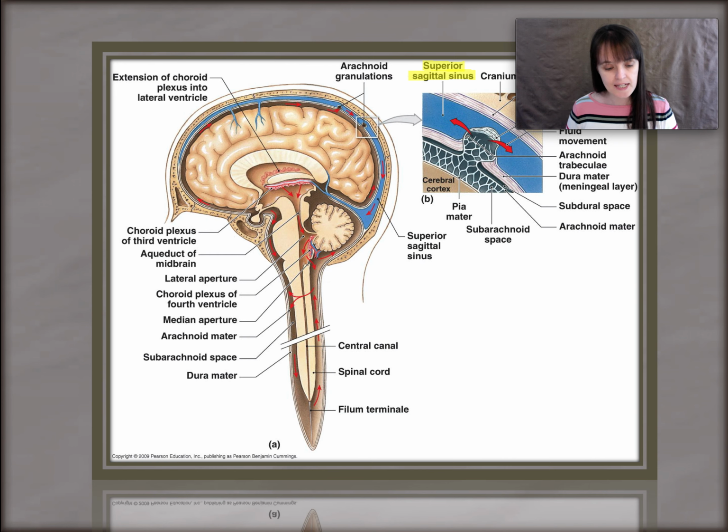Some things can diffuse across the blood-brain barrier. Those will be things like carbon dioxide and oxygen gas, ammonia, lipids such as steroids, prostaglandins, and small alcohols. So, small list there.